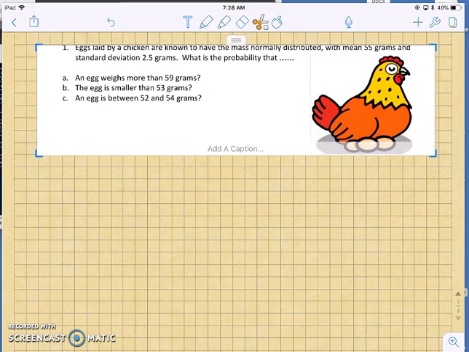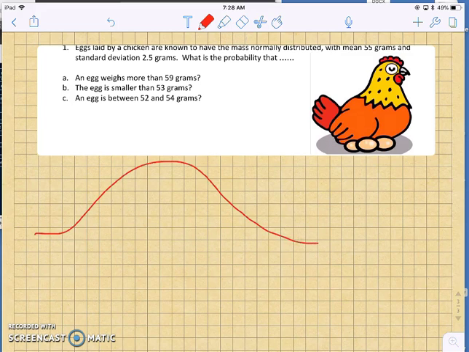All right. So from yesterday we talked about this. If this is a normal curve, normally distributed, our mean goes in the middle. And then our standard deviation is 2.5. So if we go up by 2.5, 57.5, 59.5, so that would be 60, and 62.5.